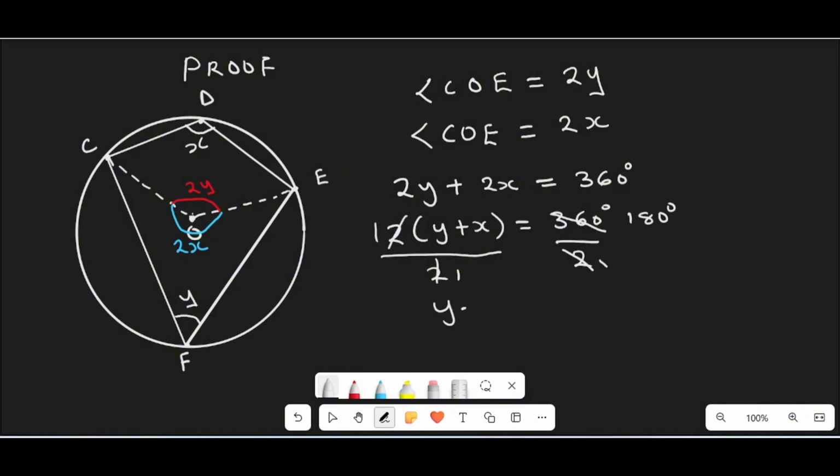Therefore, y plus x equals 180 degrees. So we can say opposite angles of a cyclic quadrilateral add up to 180 degrees.